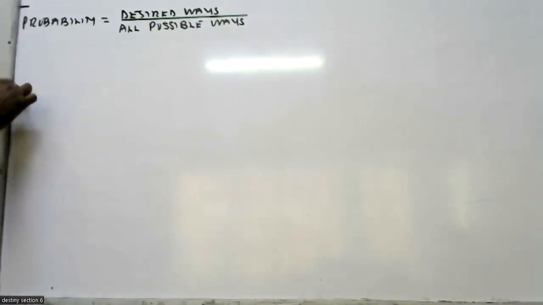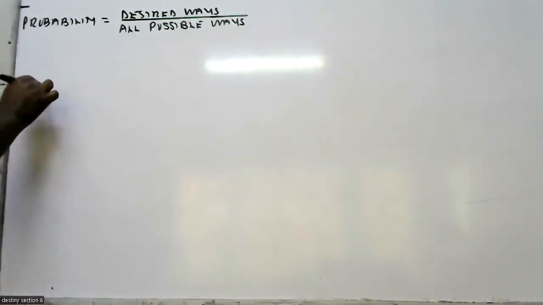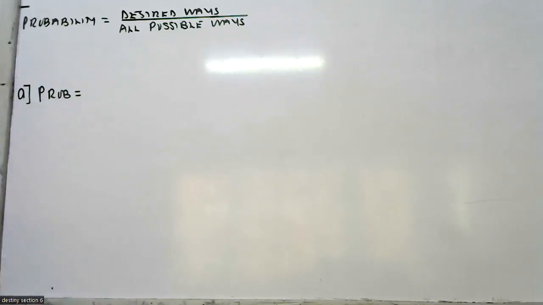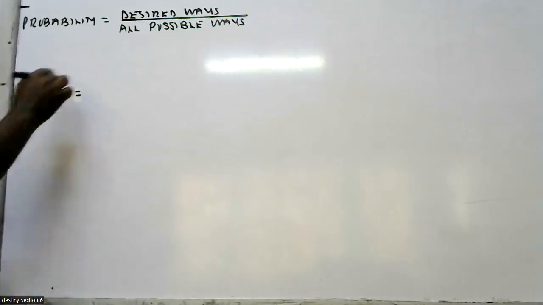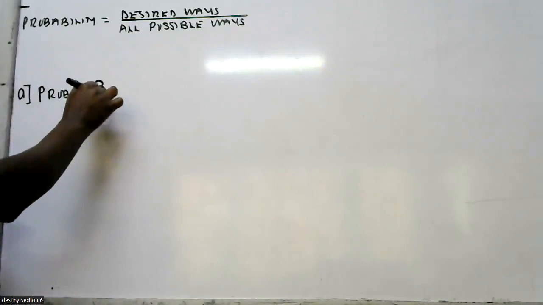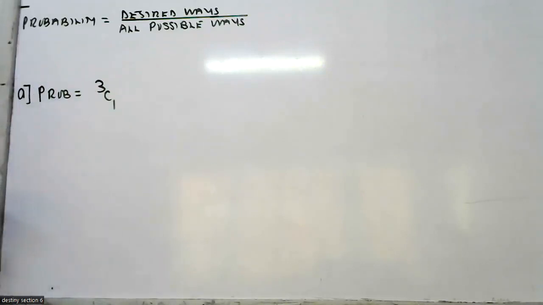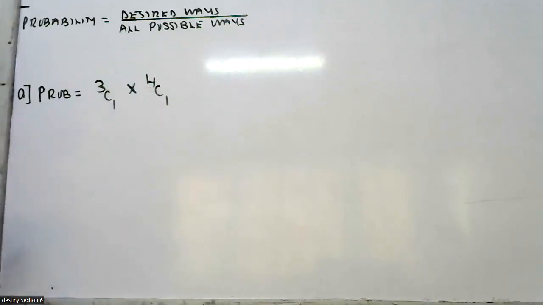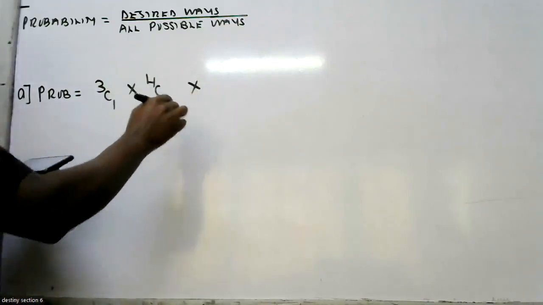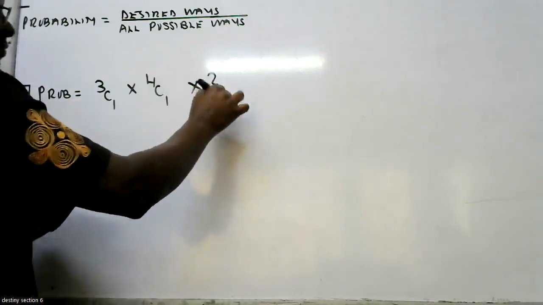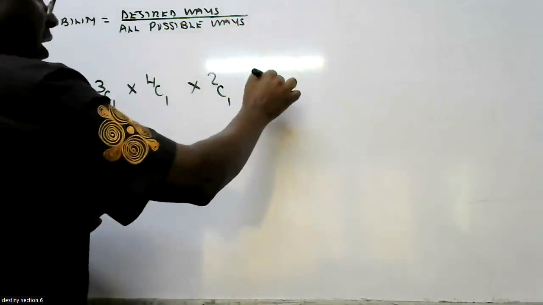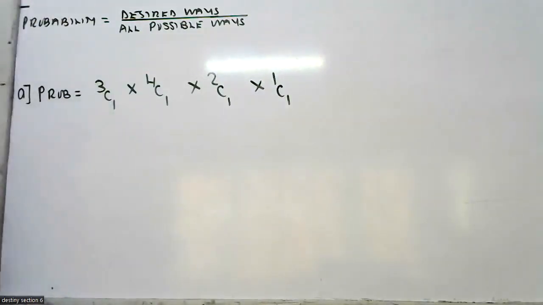So in A, the desired is from 3 economists we have 1, and from the 4 engineers, we have 1, and 2 mathematicians, we have 1, and from 1 doctor, we have 1.